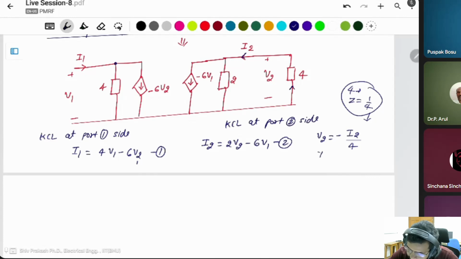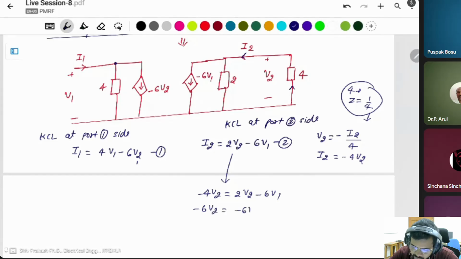What is the I2 in this case? I2 is minus 4 V2. Put the value of I2 here: minus 4 V2 is equal to 2 V2 minus 6 V1. This gives minus 6 V2 is equal to minus 6 V1. It means you can say V1 is equal to V2.